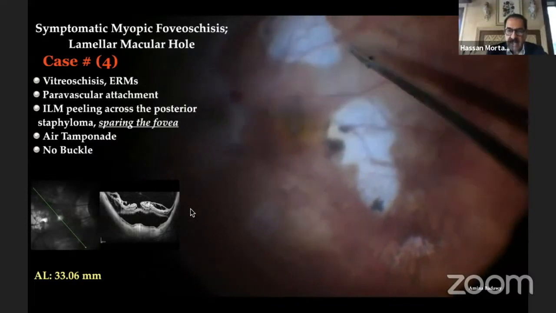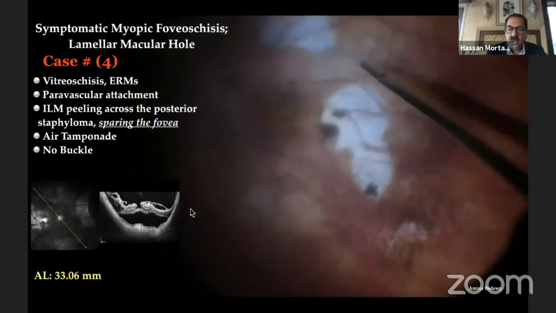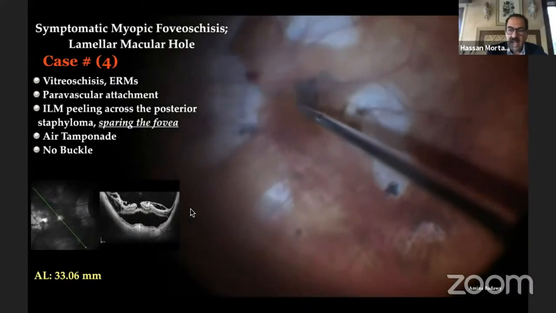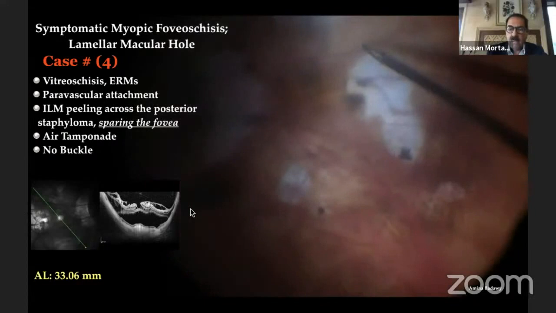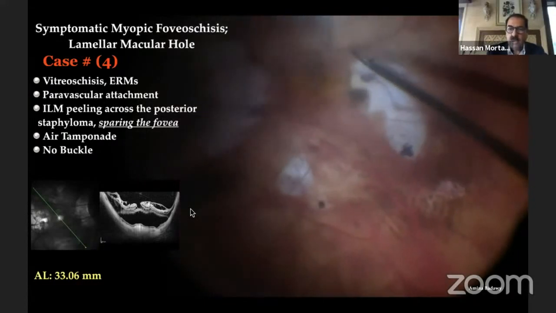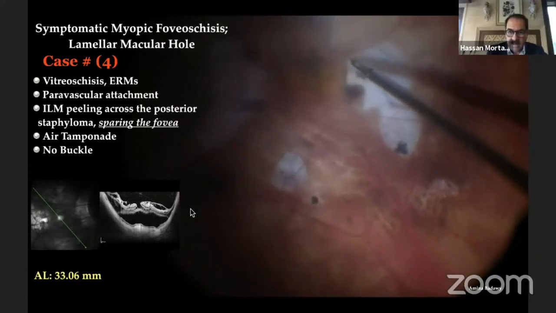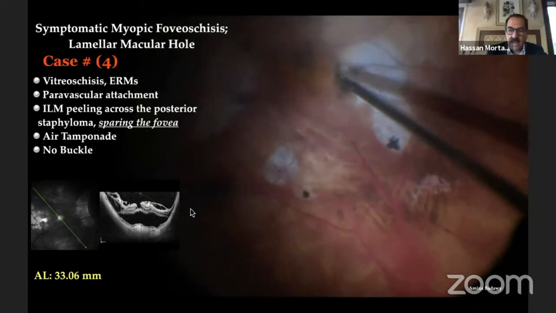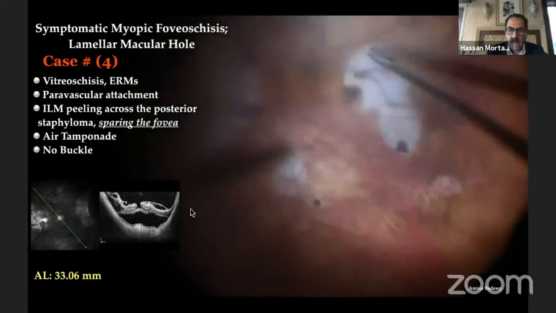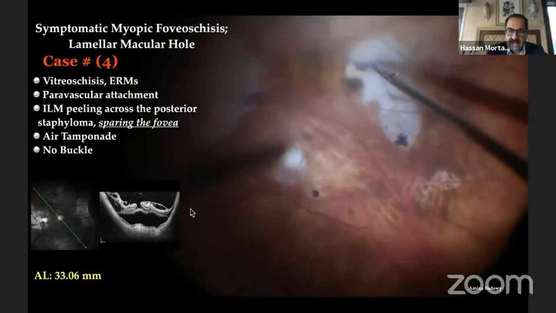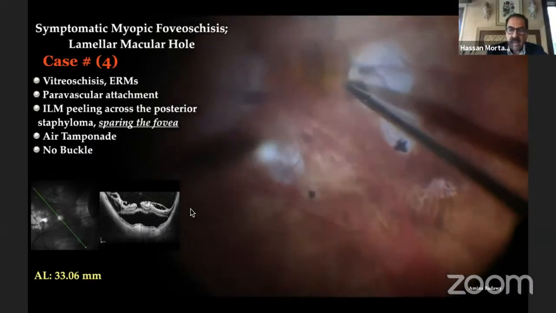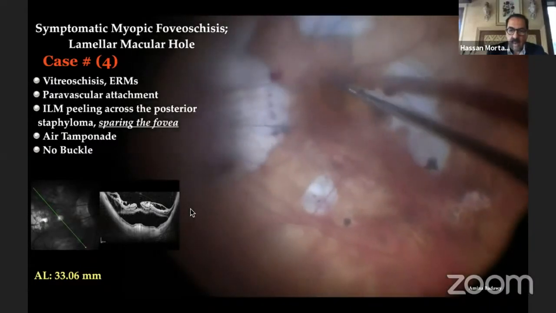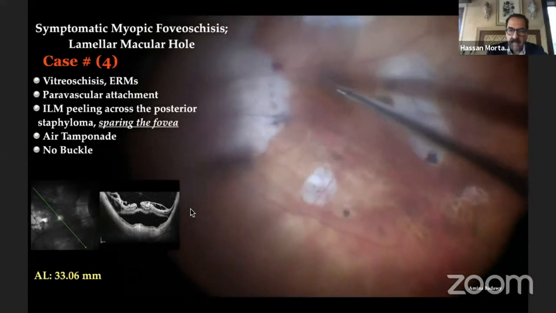My advice is that once you feel that you are not seeing the internal limiting membrane or the stain is faint, you should restain in order to augment the staining of the internal limiting membrane. And you have to be slow, as I said, until the internal limiting membrane is brought over the fovea.